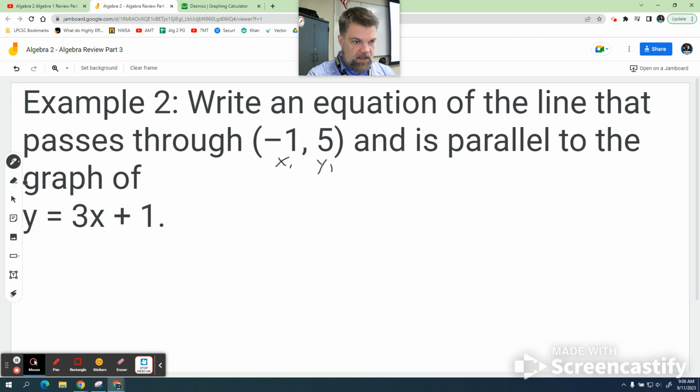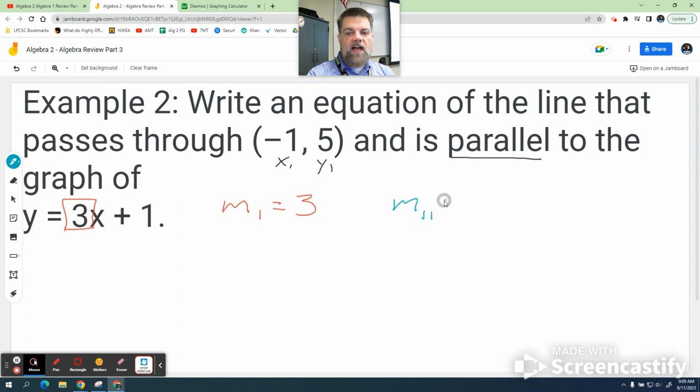And then it's parallel, and then that means that we're going to have to do something with this slope. So remember that m1 is the slope of the first equation, which is 3. Now, what do we know about parallel lines? We talked about it before I started recording.